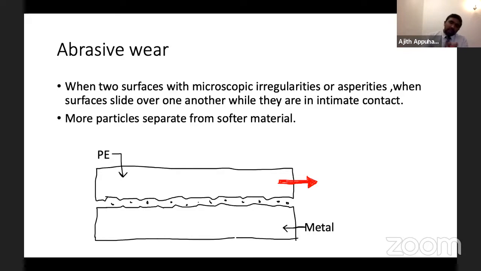When the articular surfaces are in intimate contact, and when one starts sliding over the other because of friction, these asperities can develop separate particles. That is called abrasive wear. It is quite common when one material of the articular surface is hard and the other material is soft, then the softer material gives more particles compared to the hard material.